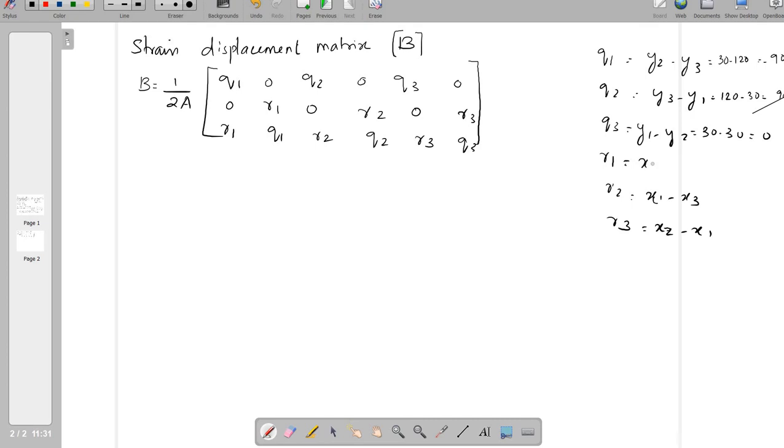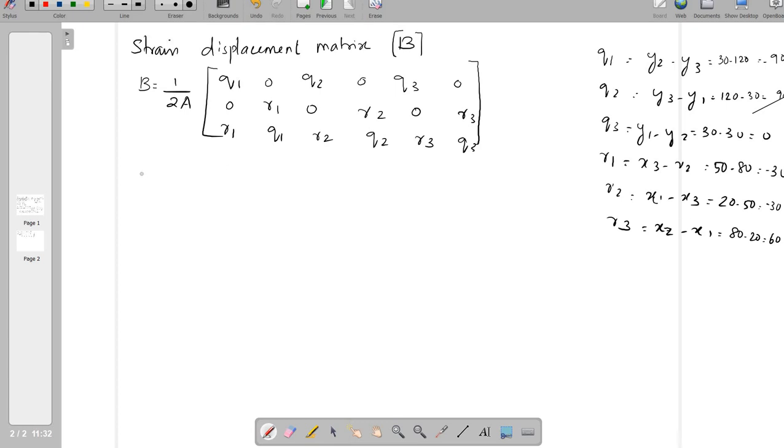R1 is x3 minus x2, 50 minus 80, which is minus 30. R2 is x1 minus x3, 20 minus 50, which is minus 30. R3 is x2 minus x1, which is 80 minus 20, equal to 60.